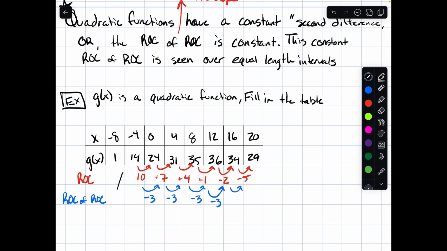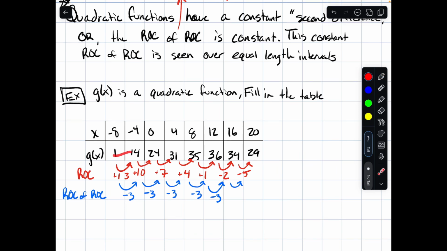And we could just check this last one over here to reaffirm. Once again, I'm subtracting 3, so that means this jump would be 13, and that makes sense with what I have here. So plus 13, plus 10, plus 7, plus 4, plus 1, minus 2, minus 5.